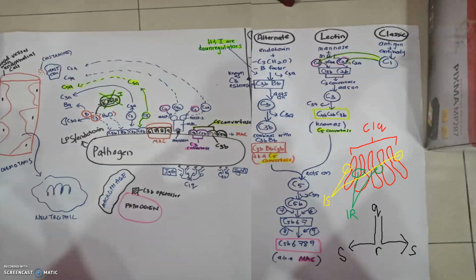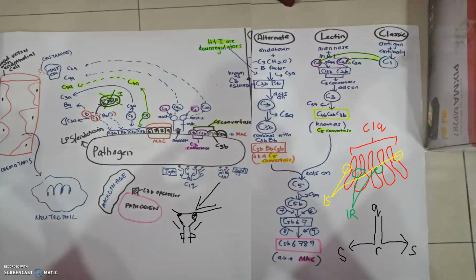Here I've taken some time to draw how the Ig molecules look, basically magnifying what is here. This is the pathogen, this is the antigen, the black one, and this is the antibody.